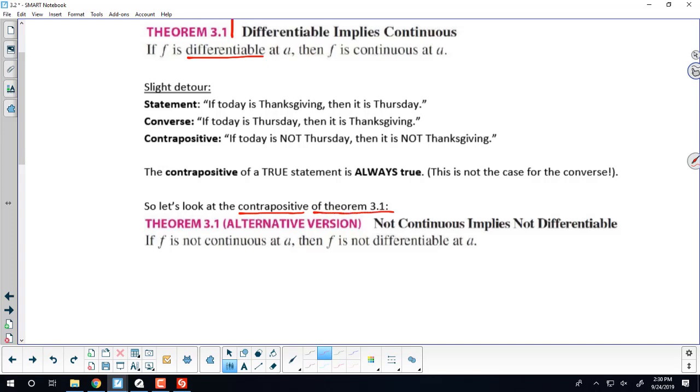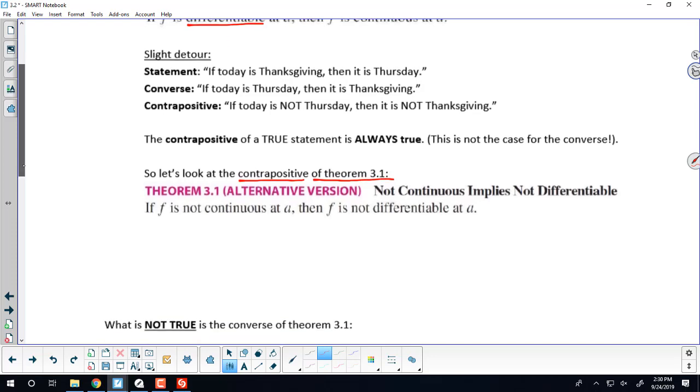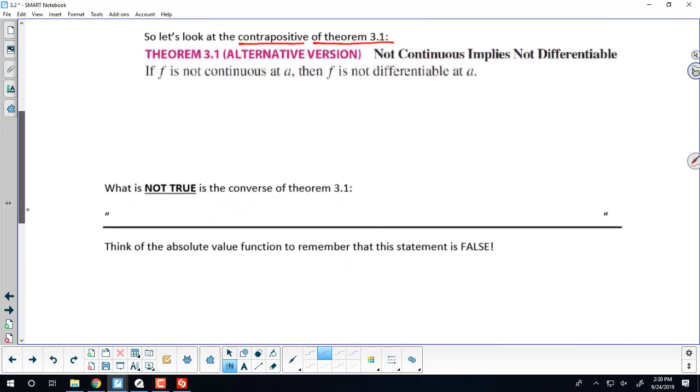If it's not continuous, then it's not differentiable. They're saying the exact same thing. Maybe that theorem can help when you graph derivatives as well, because in theory, we should know about continuity.